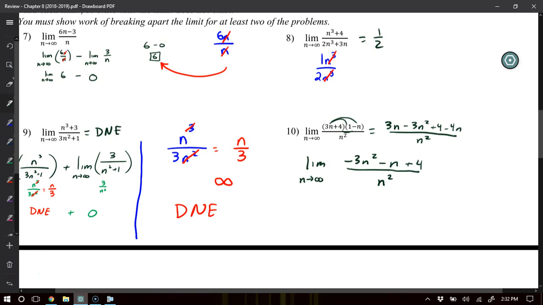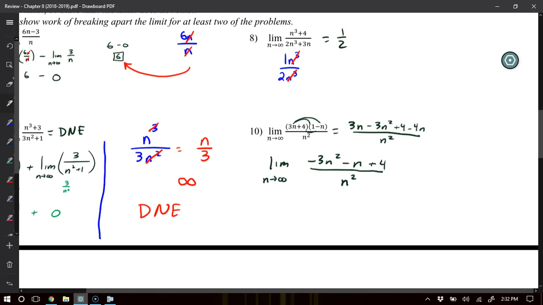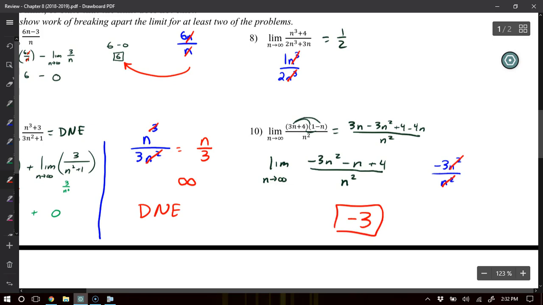I just have to think about what I'm going to do. If I look at this limit, I'm going to have the first term, negative 3n squared over n squared. That's all I care about. I don't care about any of the other terms. And what happens? The n squareds cancel. So what am I left with? Just negative 3. And there is the limit as n approaches infinity.